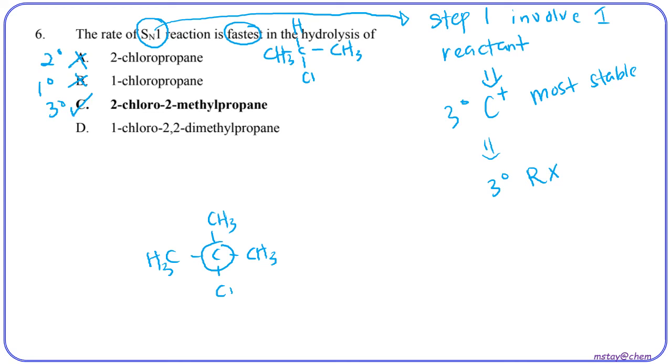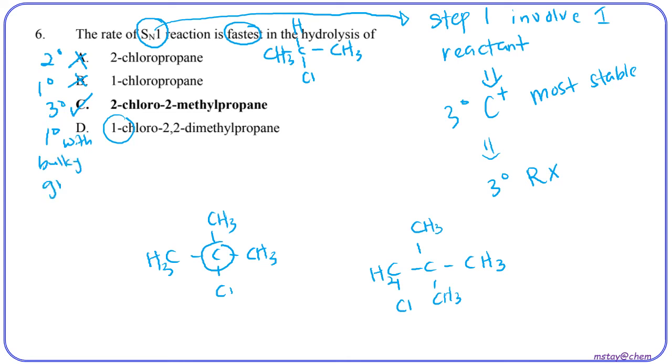So how about the 1-chloro-2,2-dimethylpropane: 2,2-dimethylpropane, CH3, CH3, and then 1-chloro, CH2, CH3. This one is a primary haloalkane. However, it is primary with a bulky group.